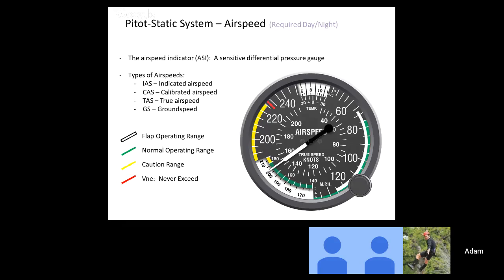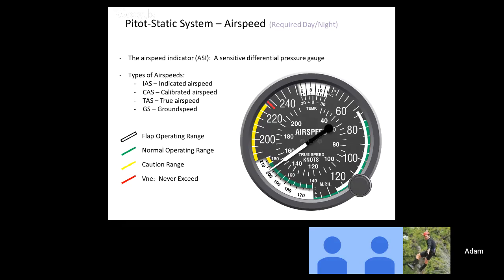The green range, which is typically where you'll always be flying, is your normal operating range. The yellow range is your caution range, and that red bar is your never exceed speed. So just really quickly, normal operating range is your typical operating range. It's self-defined. That's where you'll typically be operating the aircraft.